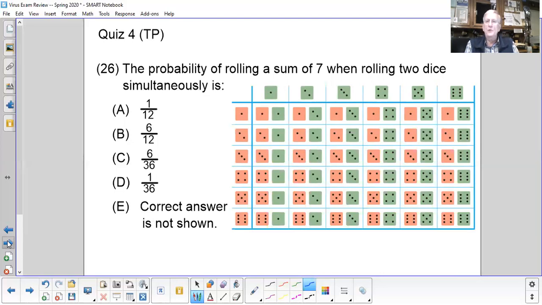So that is a total of 6 outcomes out of how many? Is it 6 out of 12, or 6 out of 36? And of course, you know the answer is 6 out of 36 would be the probability of rolling a sum of dice which gives you 7.